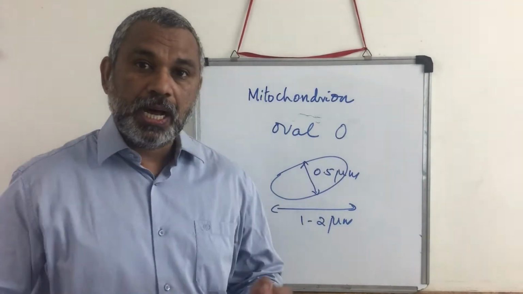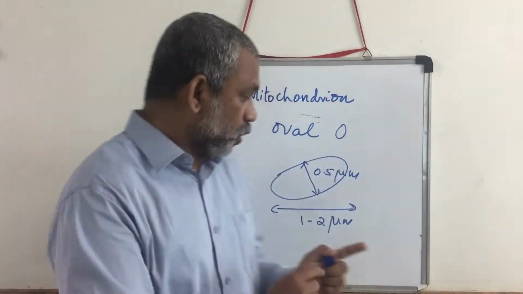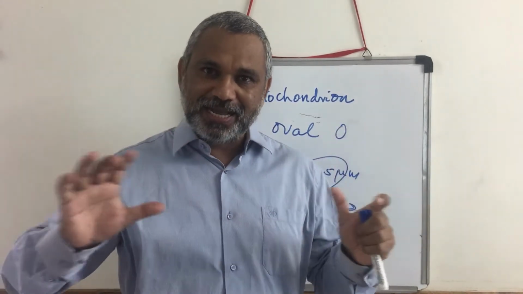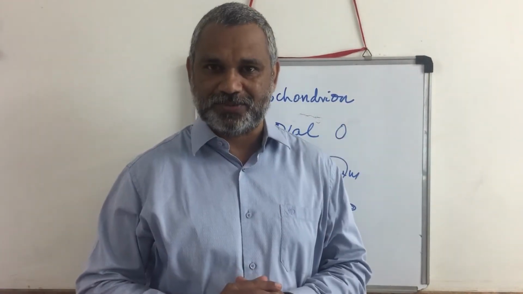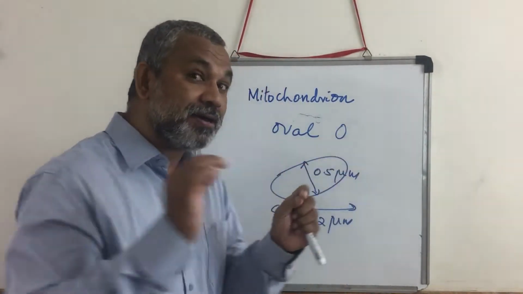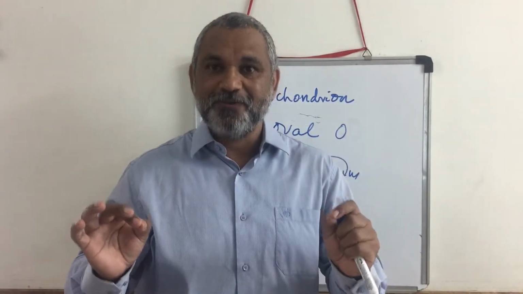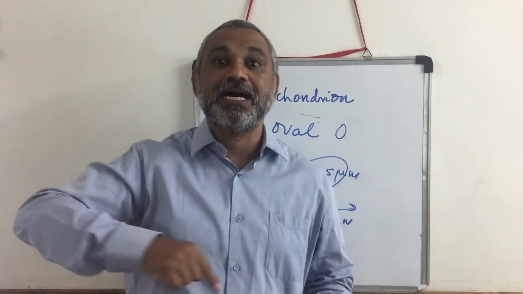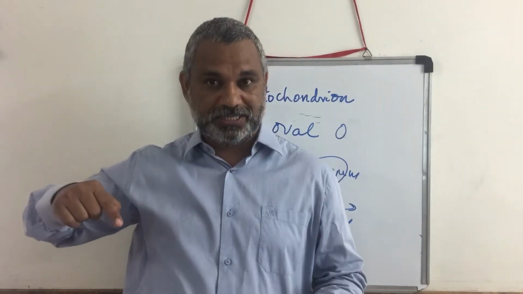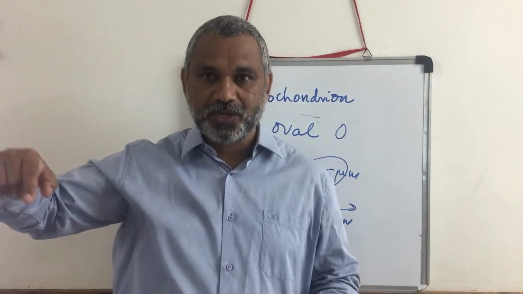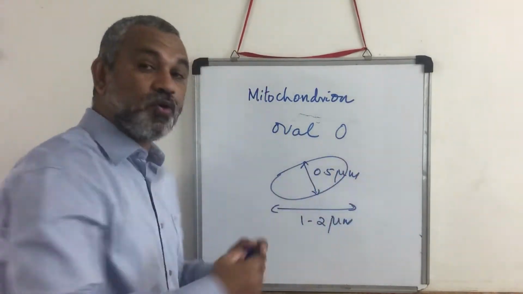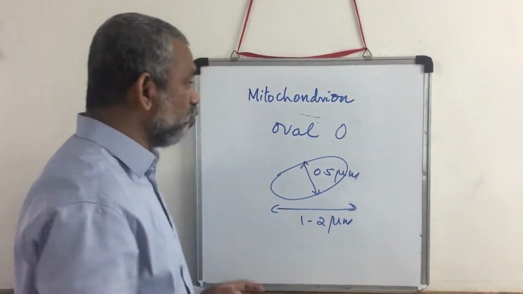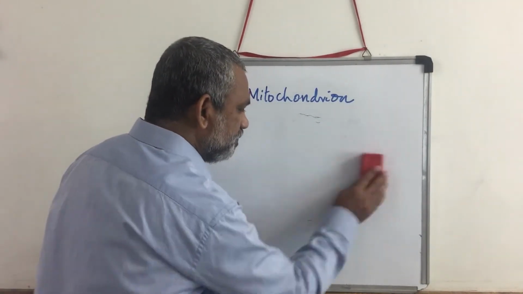Now when you look closely, this is a highly complex structure. It is like a fortress which is well protected by different layers of walls, the security walls. The mitochondrion will have two such security walls. Let us draw that.